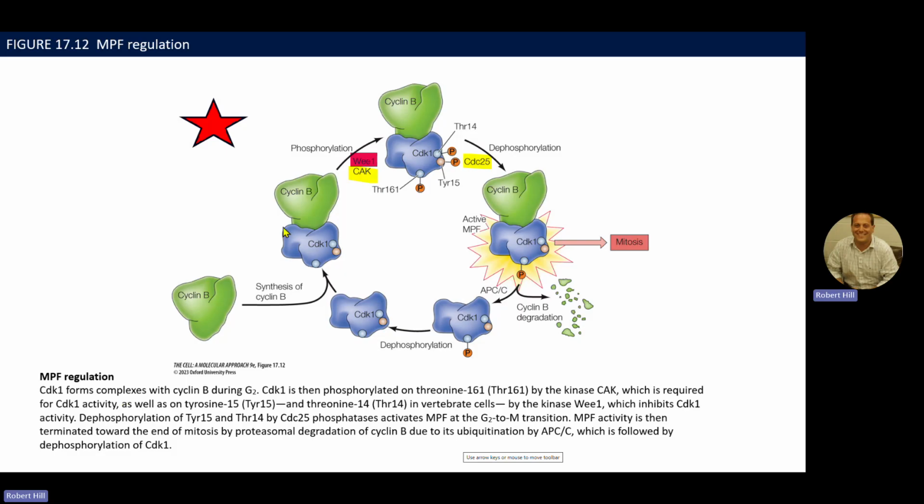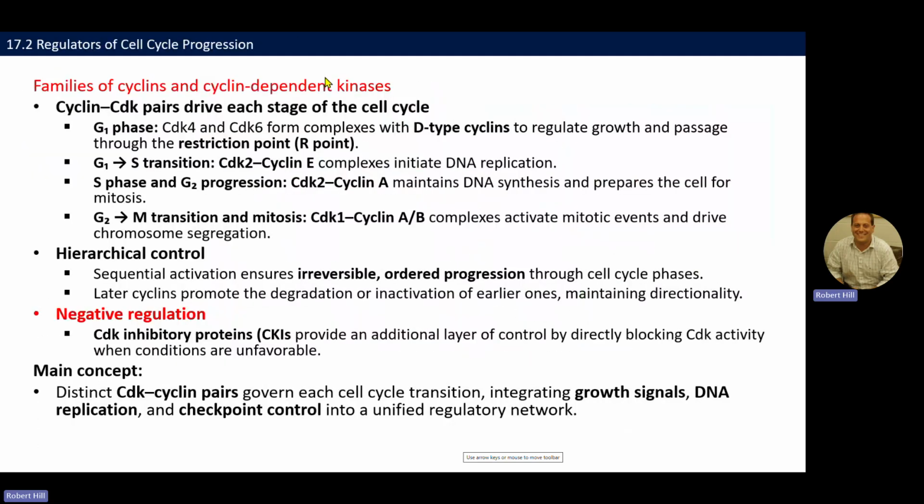Eventually, some more cyclin B is made, and then you have the turning of the cell cycle. Okay, so yeah, this is a big important control step, transitioning into M phase. All right, so that's CDK1 and cyclin B.